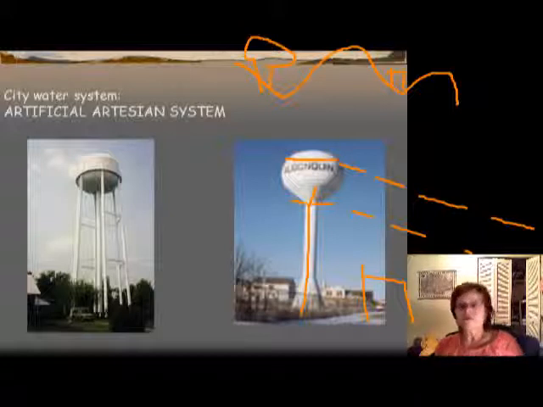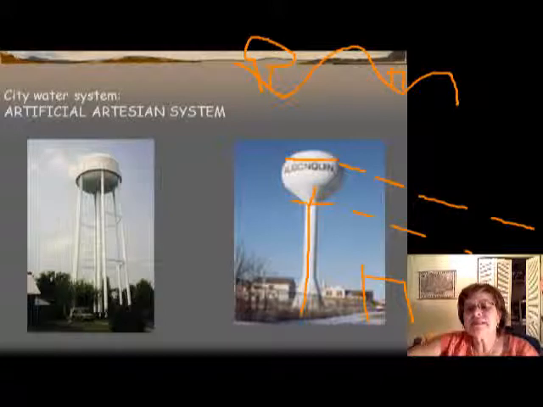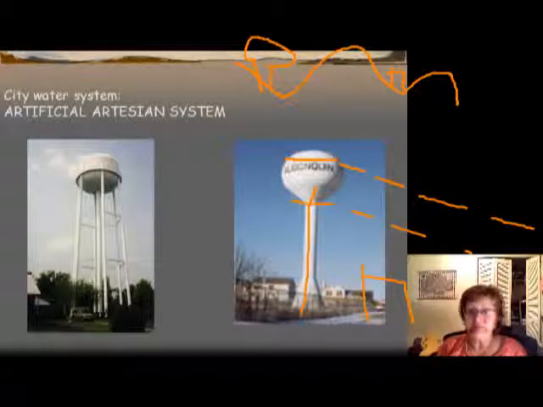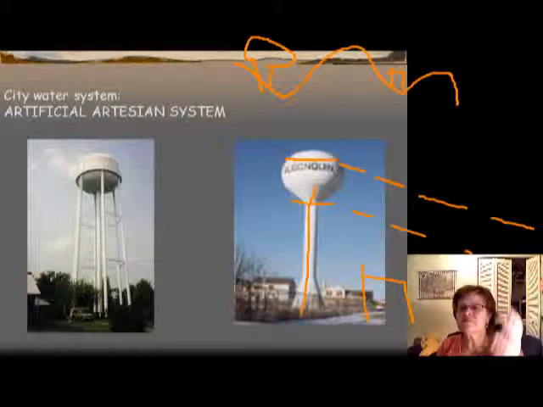So you have to have a certain number of water towers, unless the city is really flat and you don't have that many houses, then one water tower will do the supply. But if it's hilly like Roanoke, I think Roanoke has like 6, 7, 8 water towers, because it's a very, very hilly area.